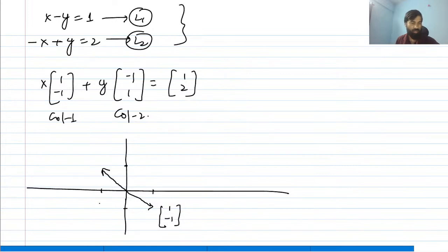Can we add these two vectors, by taking any linear combination, any value of x and y, and get (1, 2)? Yes, comment. No, we can't get it. So from the vector interpretation also, the system is inconsistent.